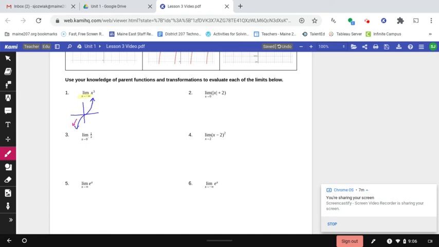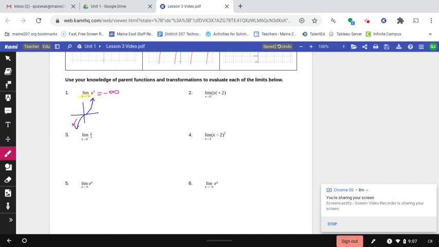And we can see that that is also heading to negative infinity. So I can't actually plug in a negative infinity. I'm using my knowledge of the graph to figure out what this limit actually is.